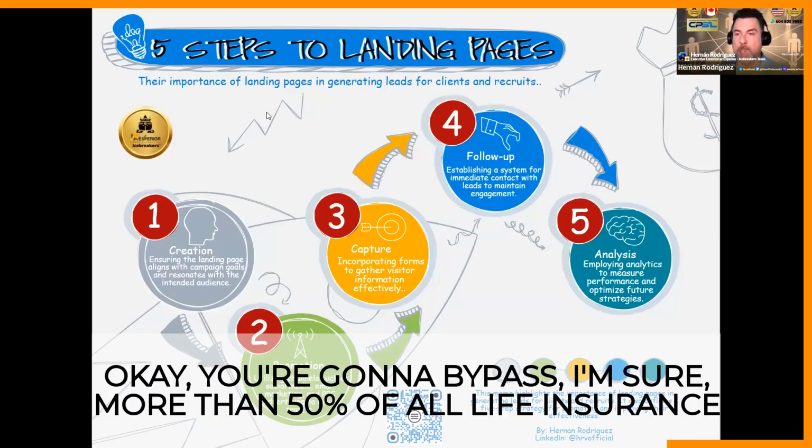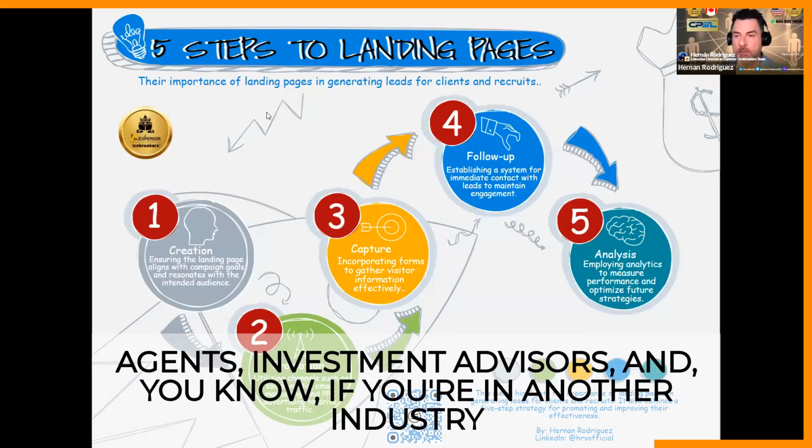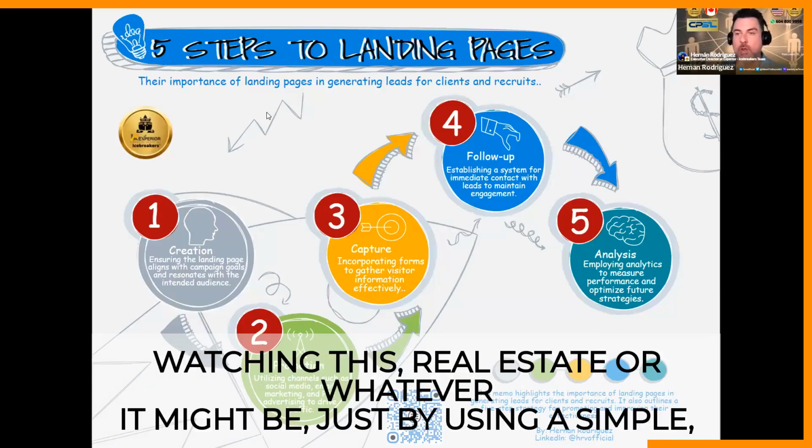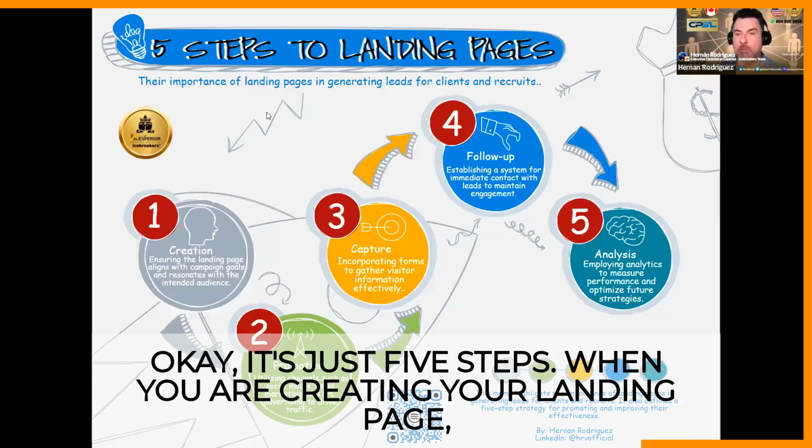You're going to bypass, I'm sure, more than 50% of all life insurance agents and investment advisors, and if you're in another industry watching this, real estate or whatever it might be, just by using a simple 5 steps.